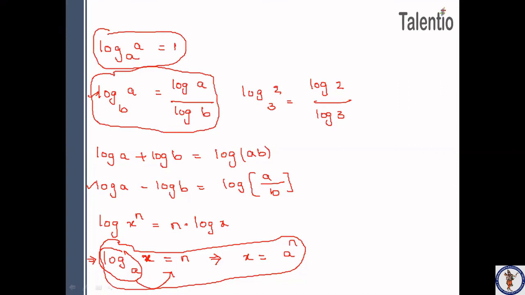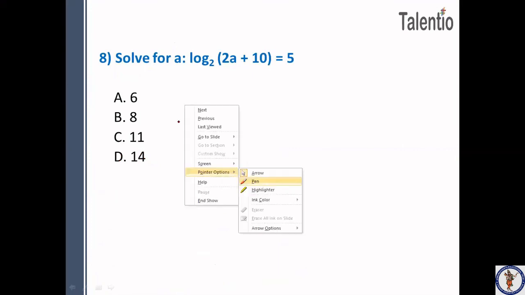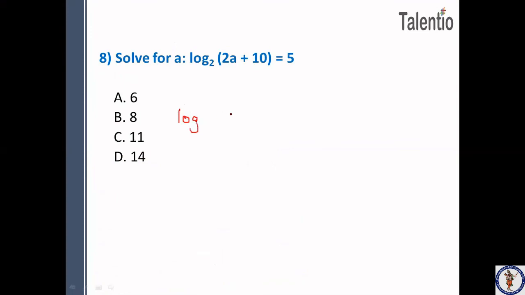Now let us see the question given. Solve for a. They give log of 2a plus 10 base 2 is equal to 5. I require a, so to find this a, I need to move this log to the other side.